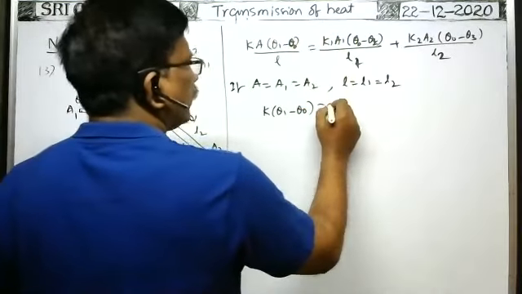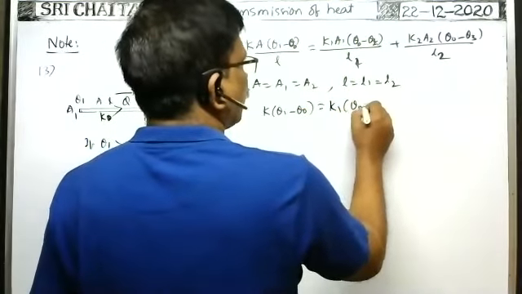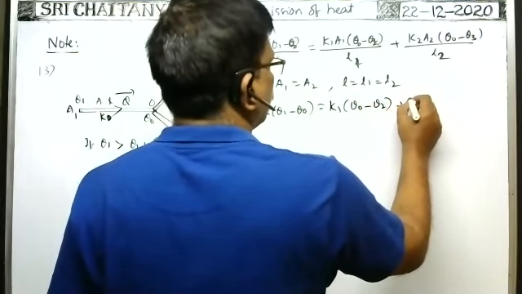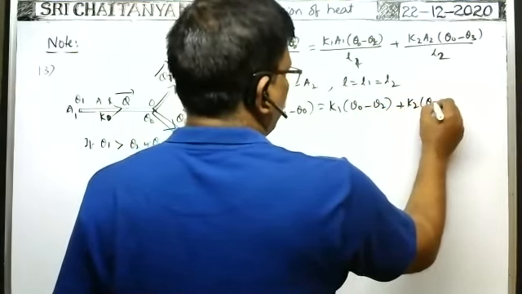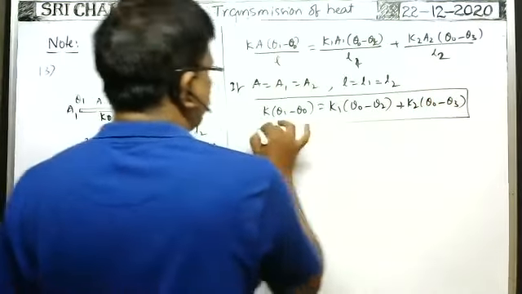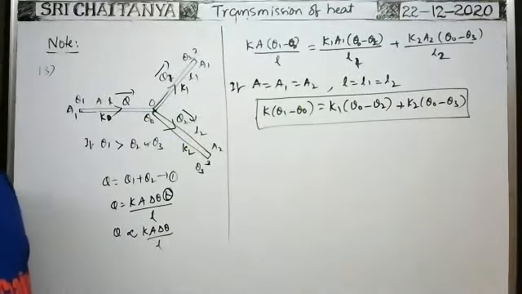Then remaining K1 into theta naught minus theta2 plus K2 into theta naught minus theta3. This is the relation you will get. I think this type of question they ask.